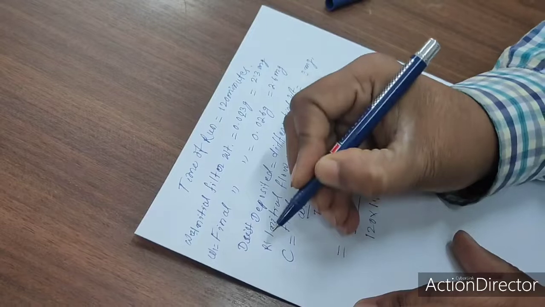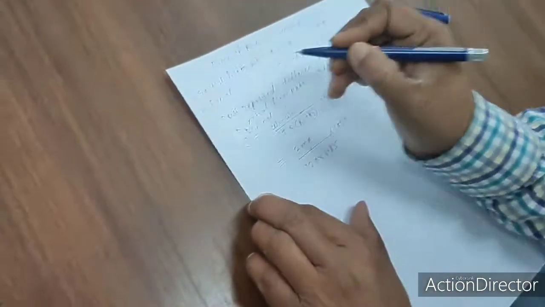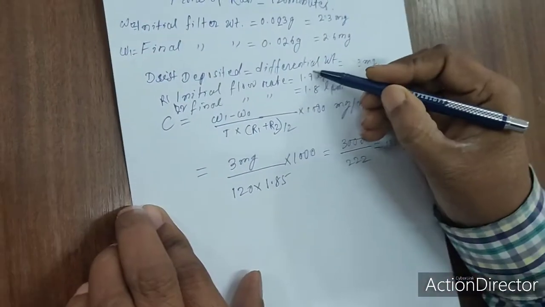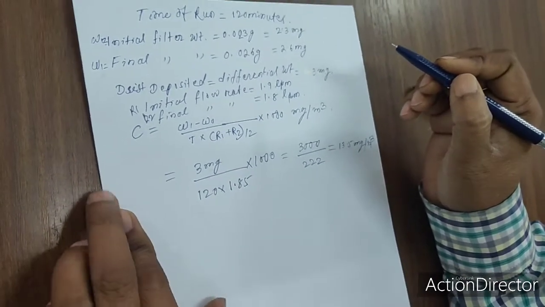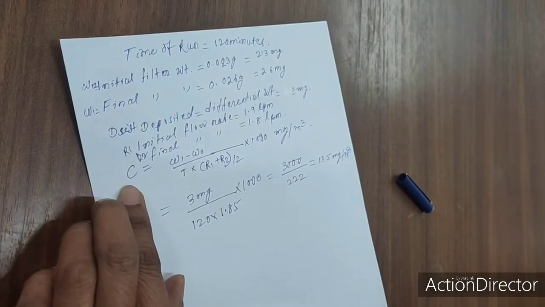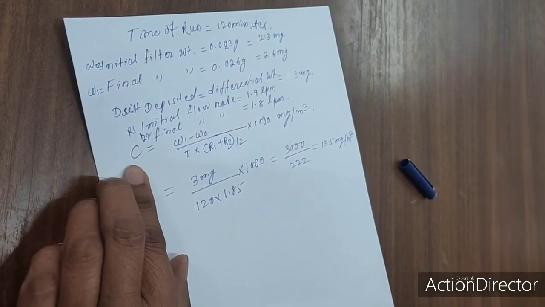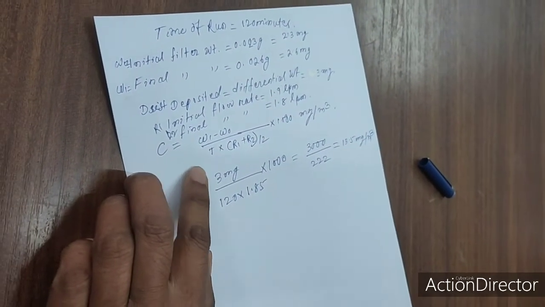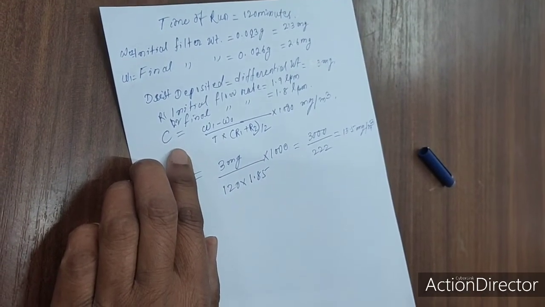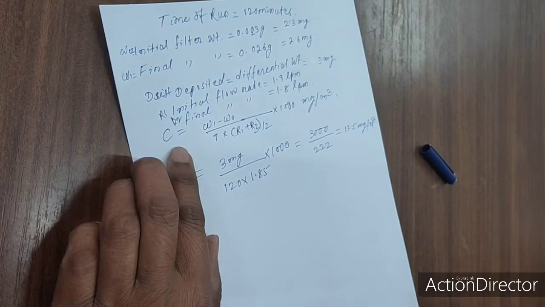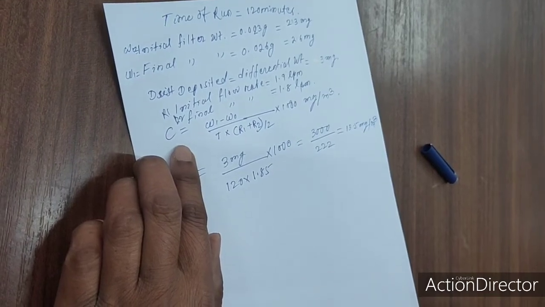Okay, it is R1, and R2 is the final flow rate, 1.9 and 1.8 respectively. So now the time average dust concentration, the formula is (W1 minus W0) divided by T into (R1 plus R2) bracketed by 2, multiplied by 1000.